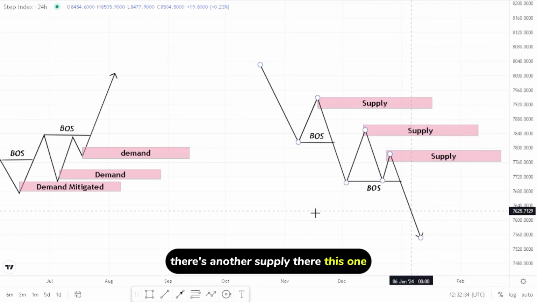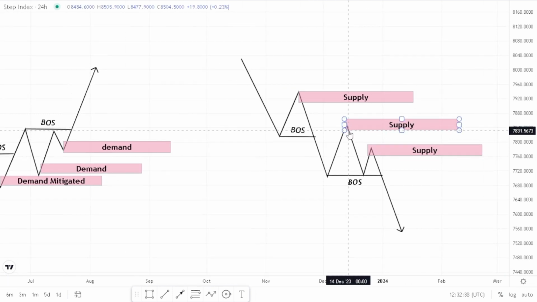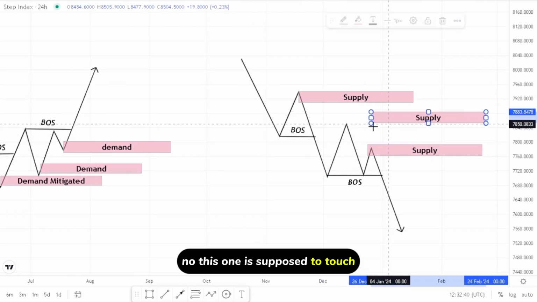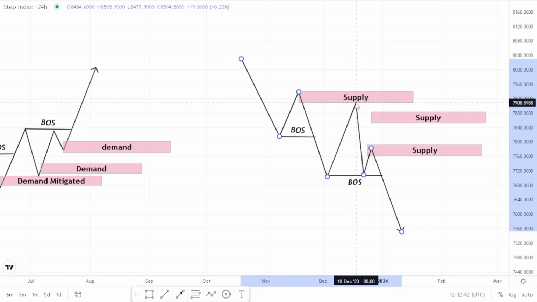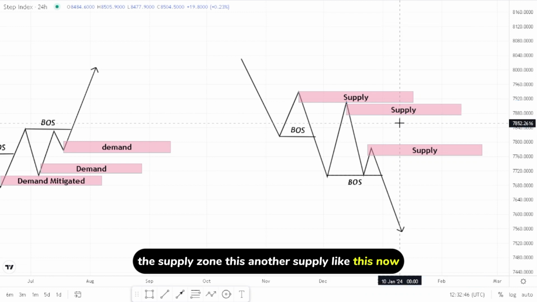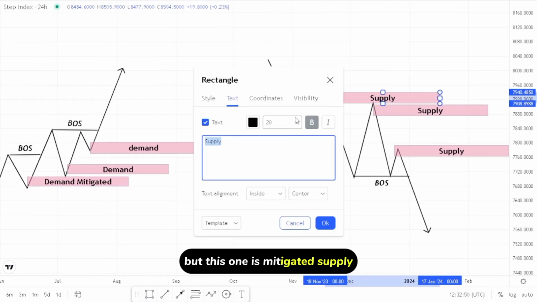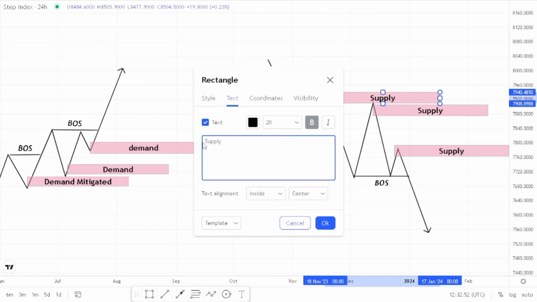There's another supply there. This one. It's supposed to touch the supply zone. This is another supply like this. Now, but this one is mitigated supply. Like this.